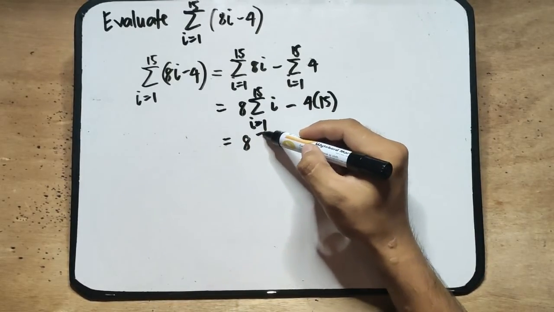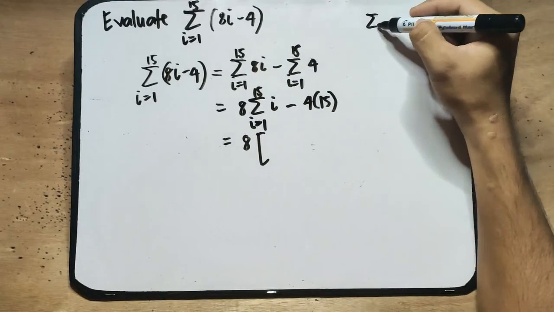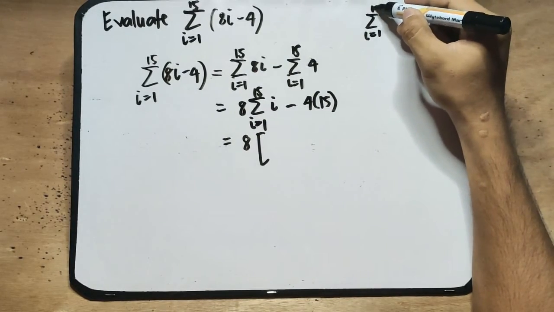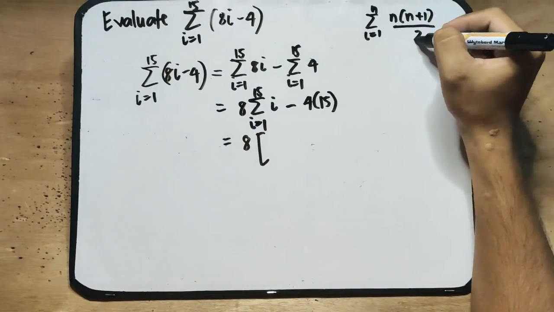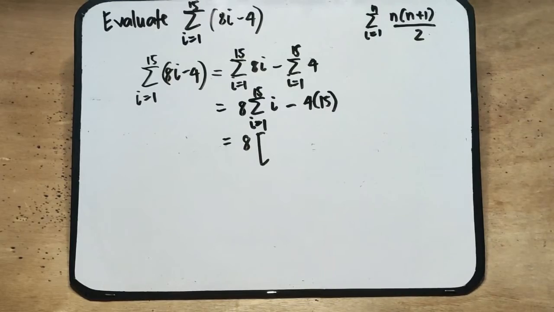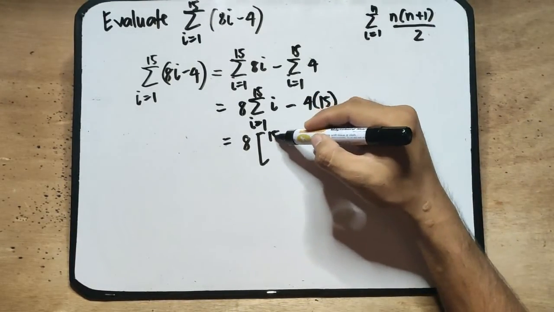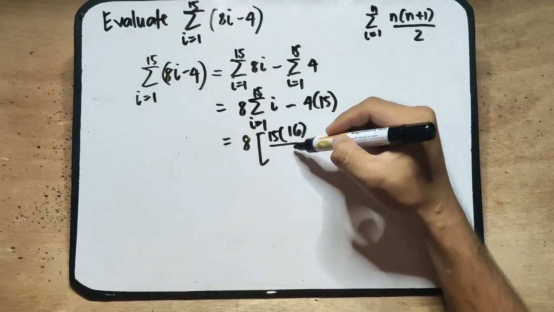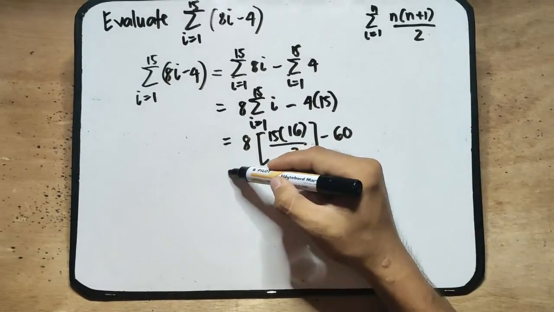Since i siya, we make use of the formula n times n plus 1 all over 2. Isa-substitute lang natin yung n, which is 15. So, we have 15, then 15 plus 1 is 16, all over 2. Then, minus 60, since 4 times 15 is 60.